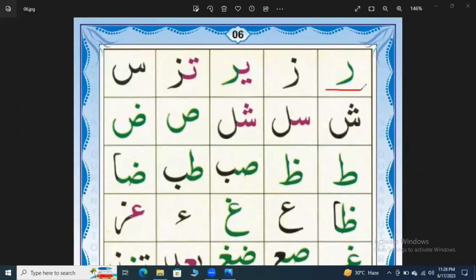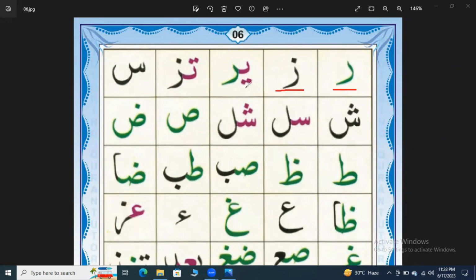When it is written in another font, its font is changed, so its shape also gets changed like this. Then the Za becomes like this, and the Ra becomes like this. So this is Ra in another shape, and this is Za in another shape. Both are Ra and Za. Ra, and this one is Za.